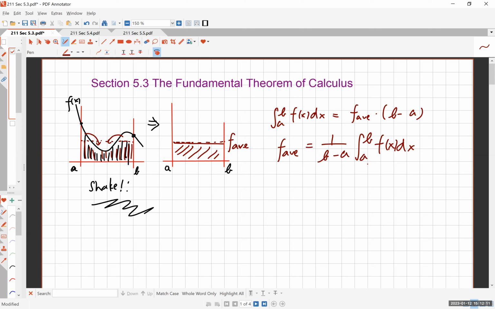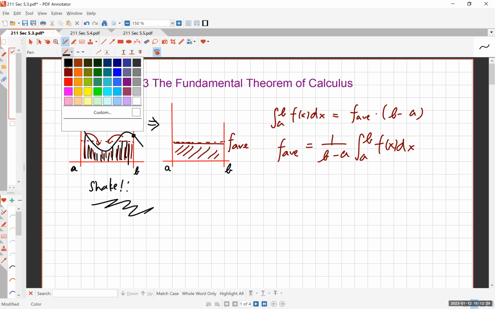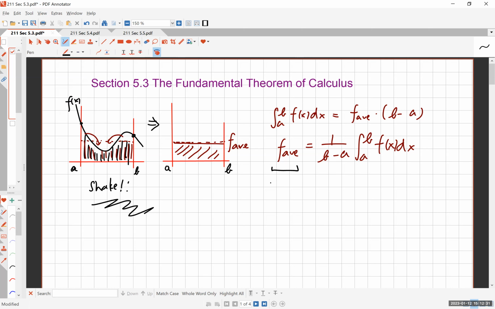If I give you a set of 6 numbers, what do you do to find the average? You add them up and then you divide by the number of numbers you have. And so it is very similar to that, and this is how we define the average. Maybe I should just write down that concept here. So this is called the average value of f on the interval [a, b].